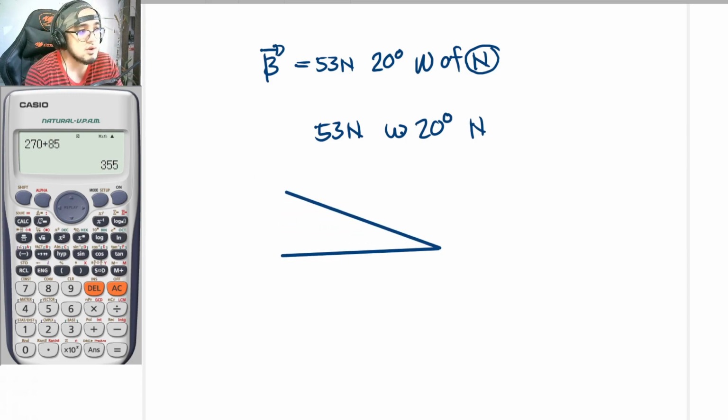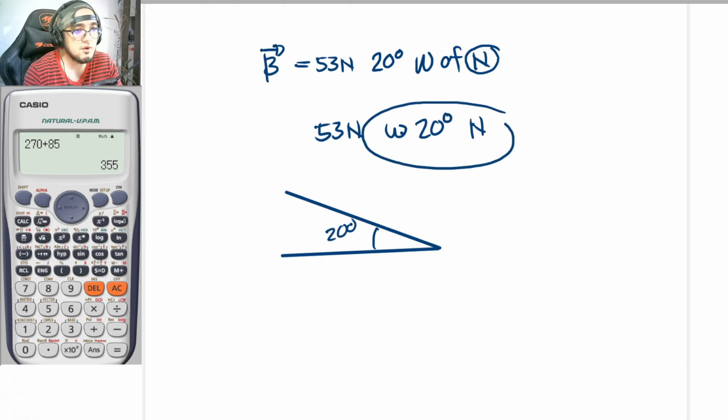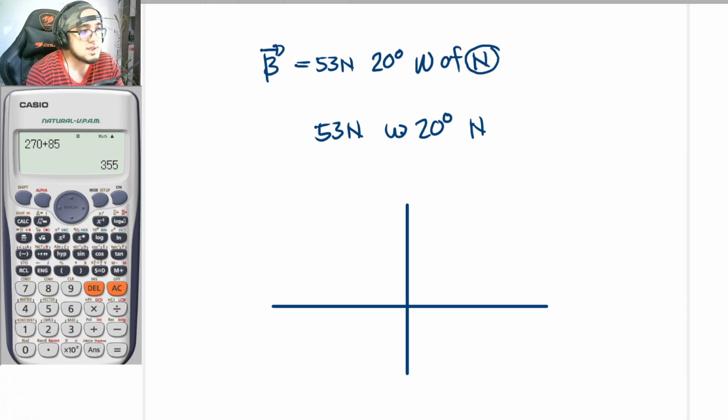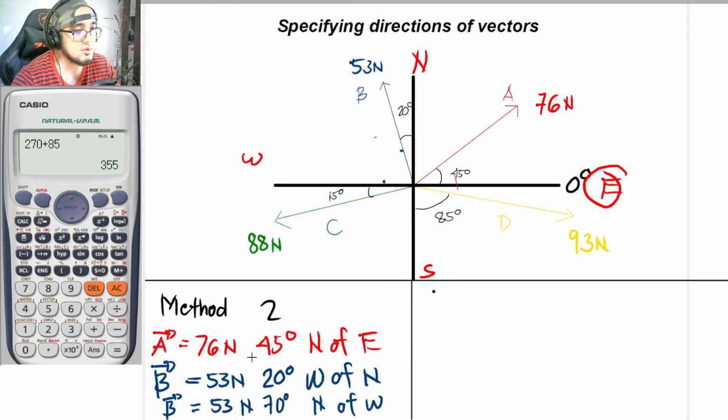So this is now to be 20 degrees. That is if you are using this. But if you are using this, west of north, for a moment, please replay if you are a bit confused. So here, you would now be starting from north, because it says here, west of north. So from north, you would now be going towards the west. So do not get confused there. And if you get confused, please replay the video before proceeding. Okay, so with that, this is now to be our answer here.